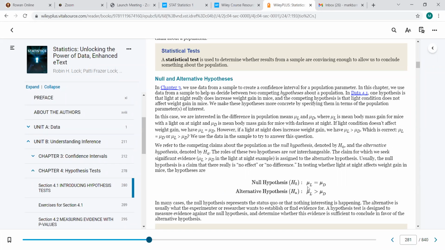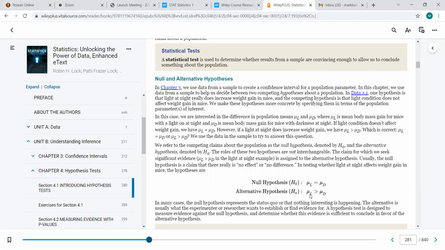We don't use sample statistics in the hypothesis itself, because this hypothesis was made before any sample was collected. So there are no sample statistics when somebody comes up with a research hypothesis. And anyway, in this case, we're comparing 2 groups, and we're looking at the mean of the body mass gain for the 2 groups.